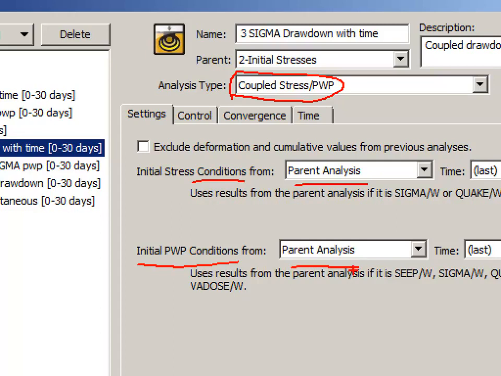When we did the in situ analysis, we got the pore pressures from the steady state seepage analysis. Those pore pressures are now part of the in situ analysis, so now we can get the initial pore water pressures from the parent. But the important thing here is that we are doing a coupled analysis.